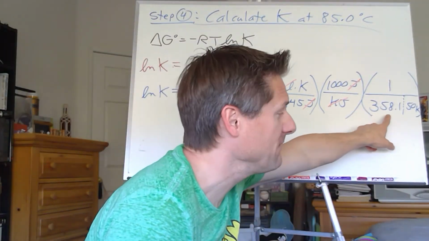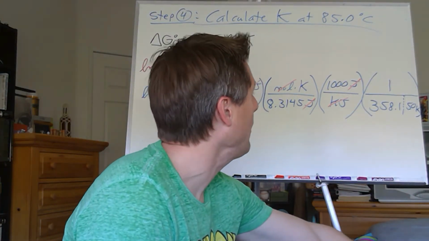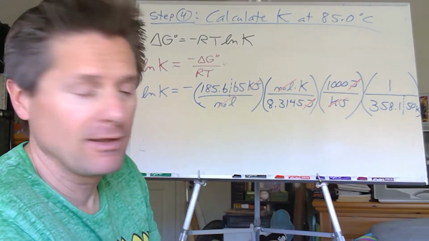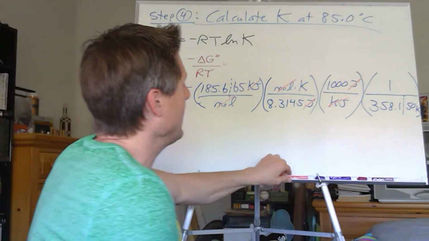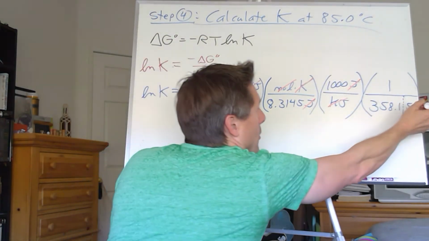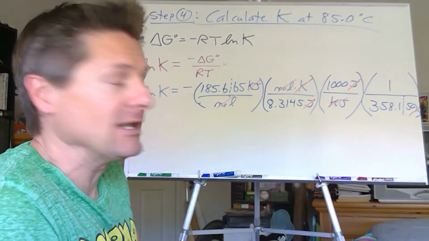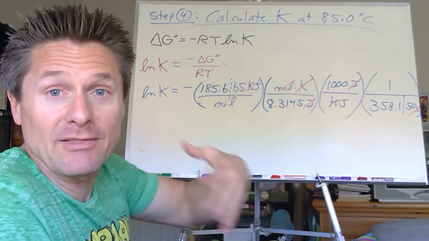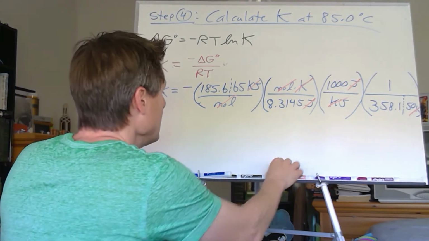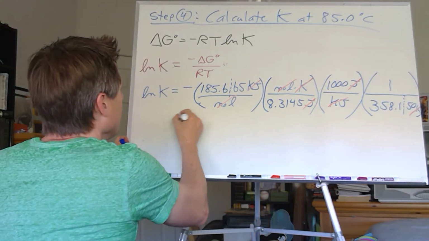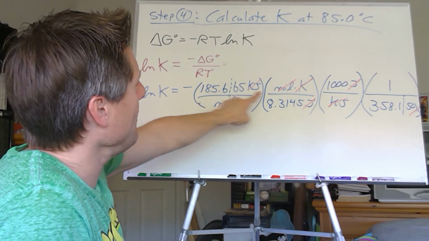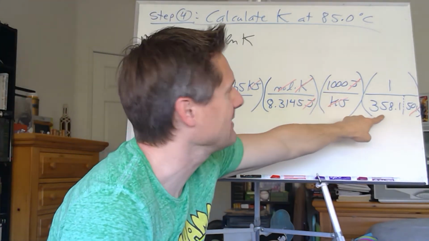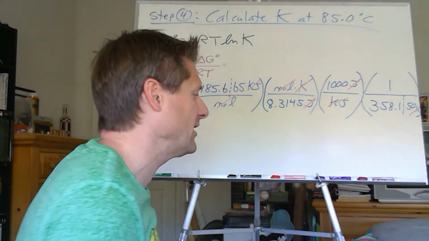So I divided by 358.15 Kelvin, good to the 10th place. And Kelvin cancels out now. Boom, boom. That leaves us a unitless quantity, which is what we need when we take the log of something. Good. So log of K, 4 sig figs there. A lot more than that there. That's exact 4 sig figs. So we're good to 4 significant digits.